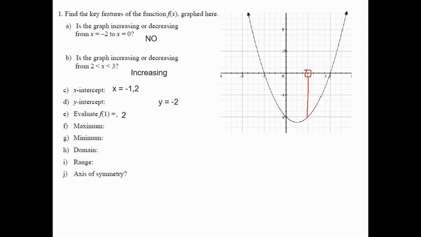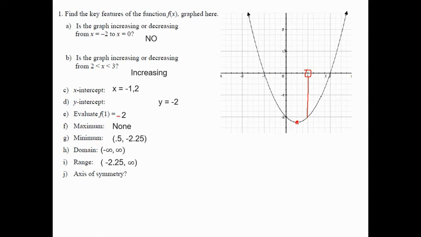Do we have a maximum? There is none. We do have a minimum. It's at 0.5, right down here, and then -2.25. The domain for a parabola is always -infinity to infinity.